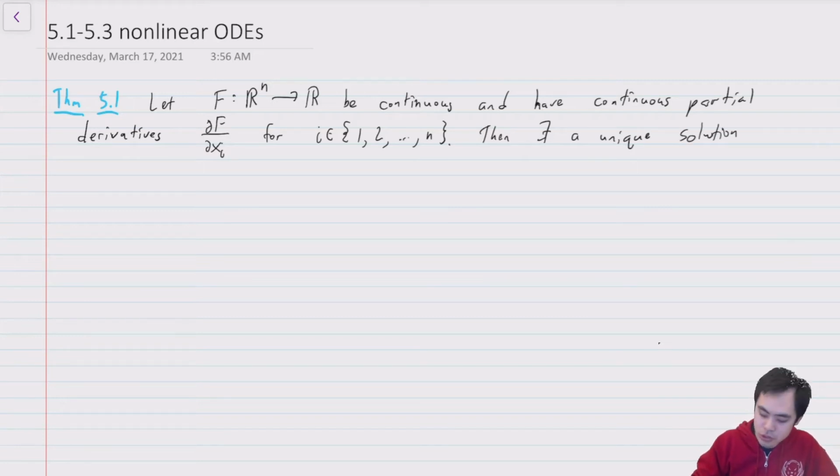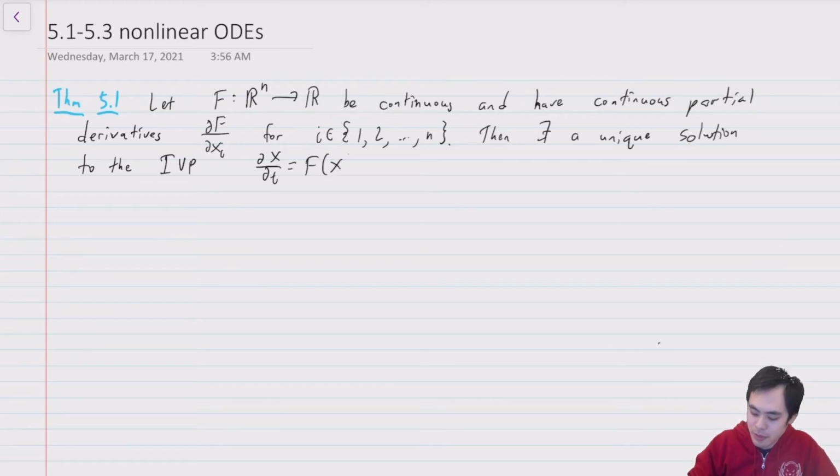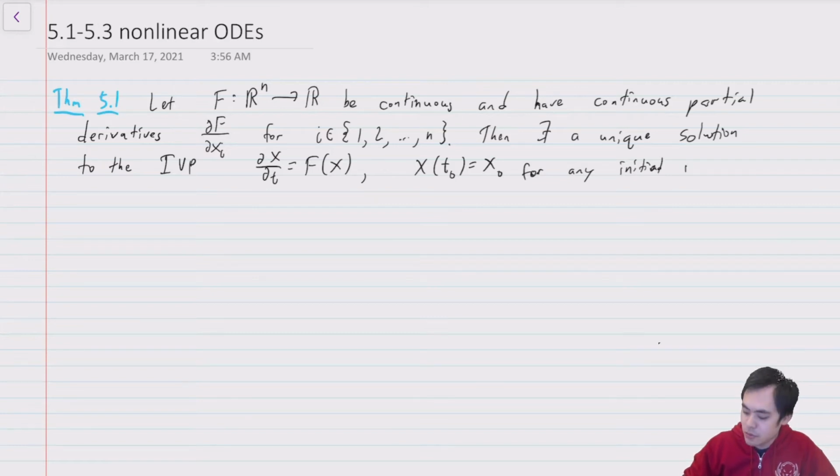So a unique solution to the initial value problem dx/dt equals f of x, where x of t naught is equal to x naught, for any initial value x naught in R^n.